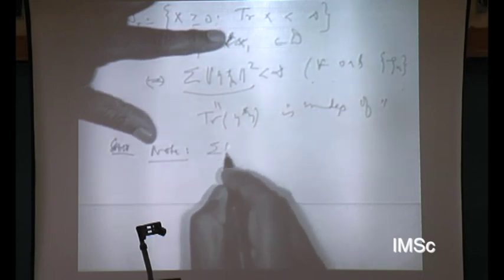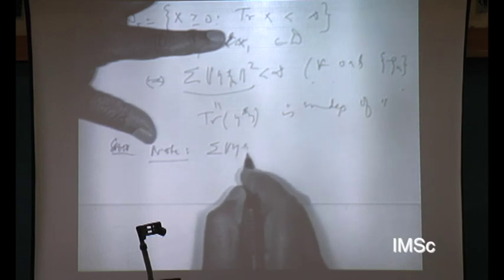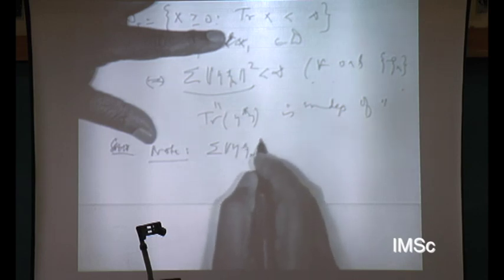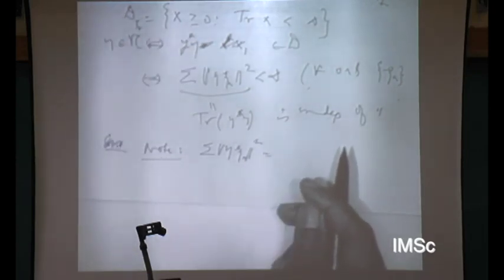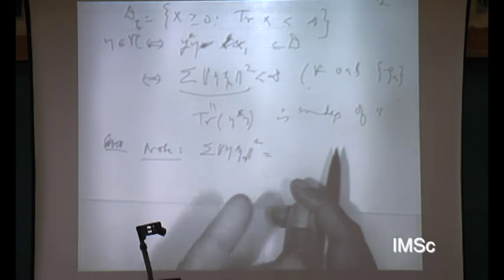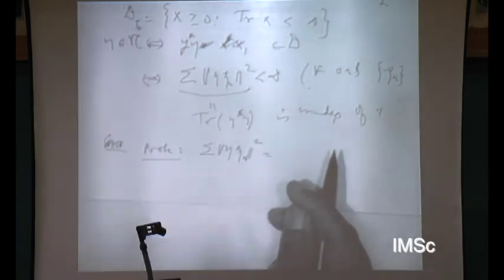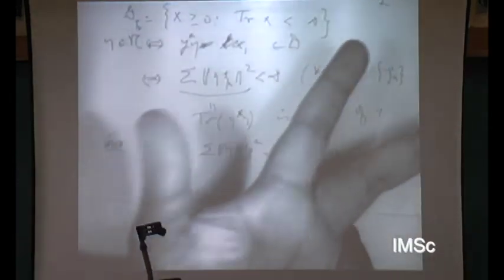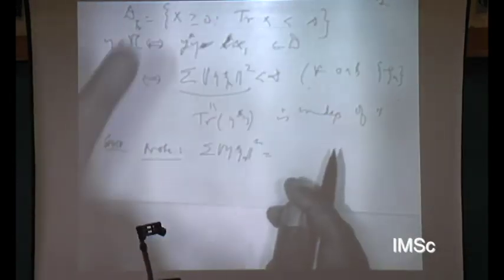Separately, I want to observe that the summation of the norm of y xi n squared, by doing the same kind of trickery that I did before, but you have to be careful with showing that the double sum is absolutely convergent and you can interchange the order.